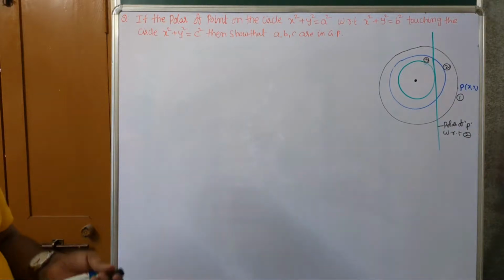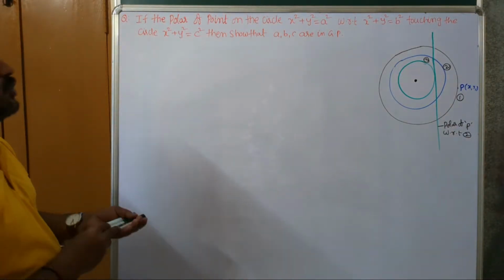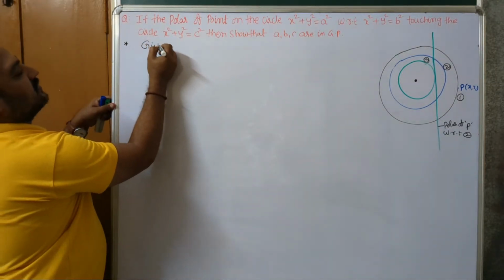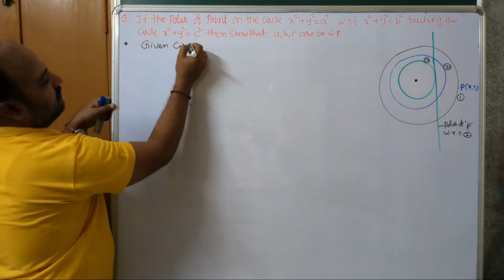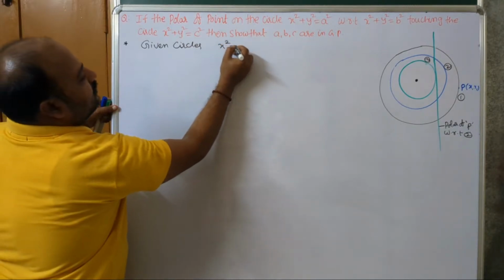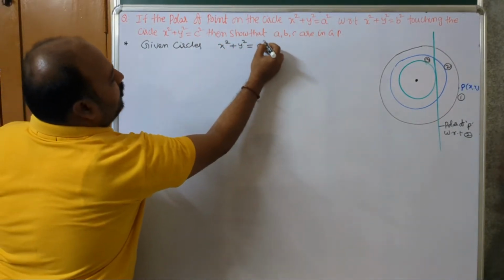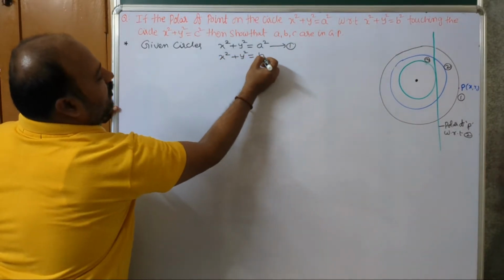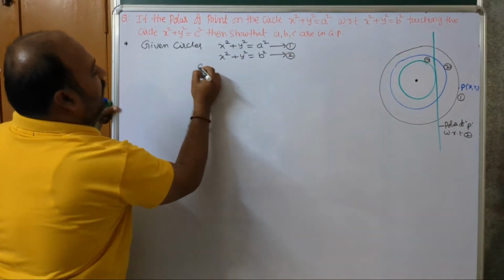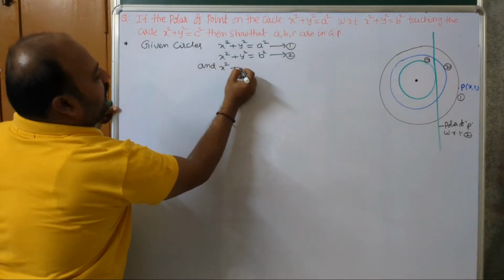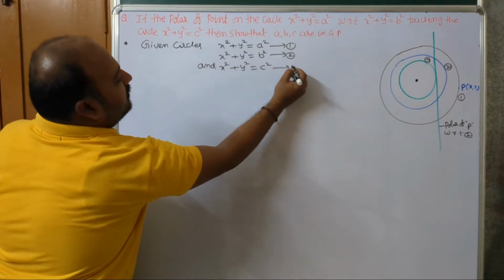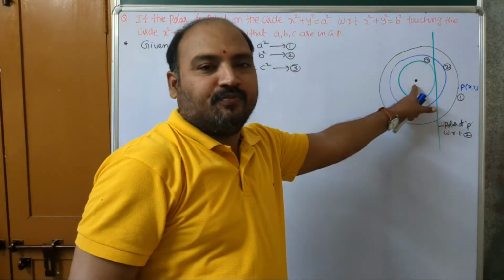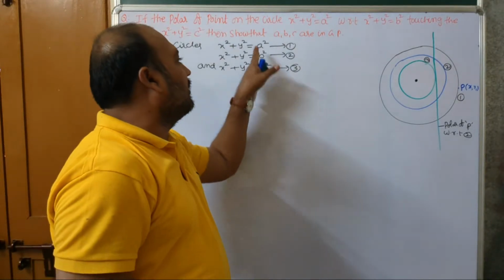Now I am writing what is equation 1, equation 2, equation 3. So the given circles are x square plus y square equal to a square, x square plus y square equal to b square, and x square plus y square equal to c square. These are the three equations which are concentric circles whose center is 0 with different radii a, b, c.